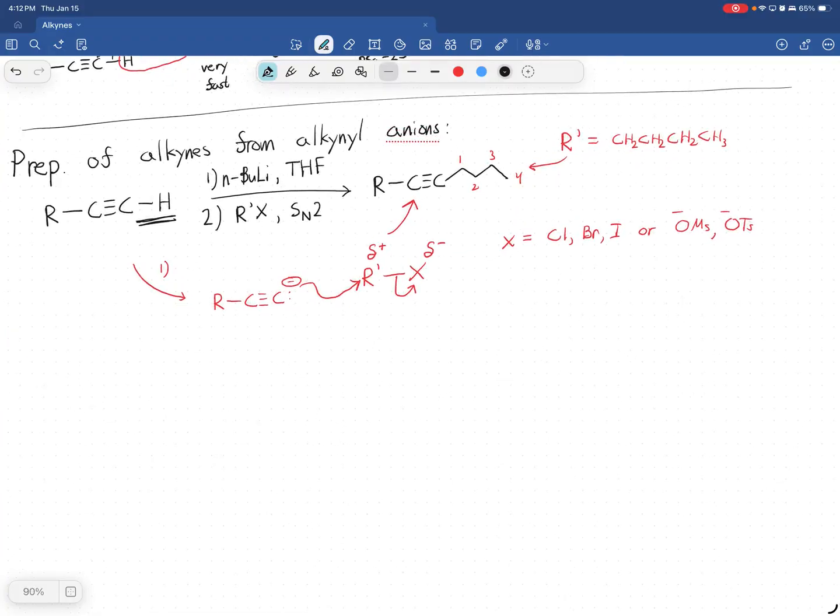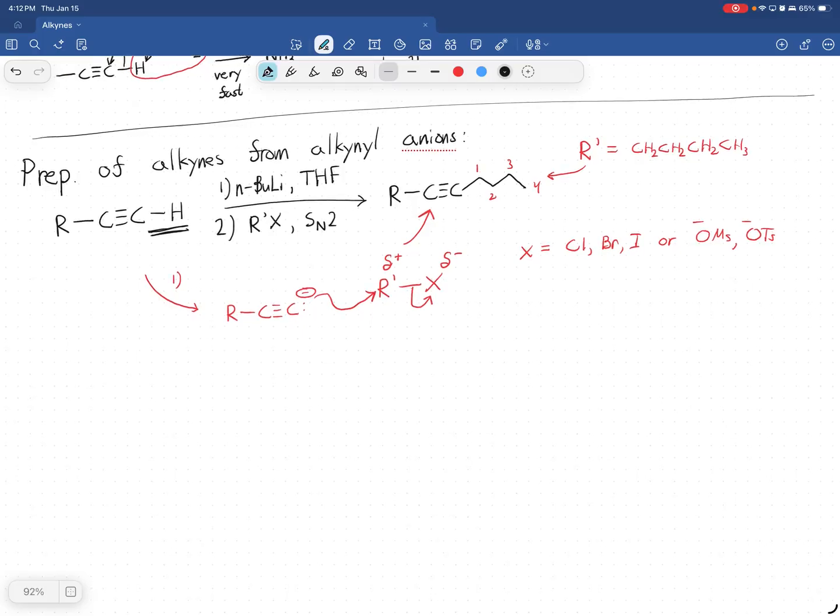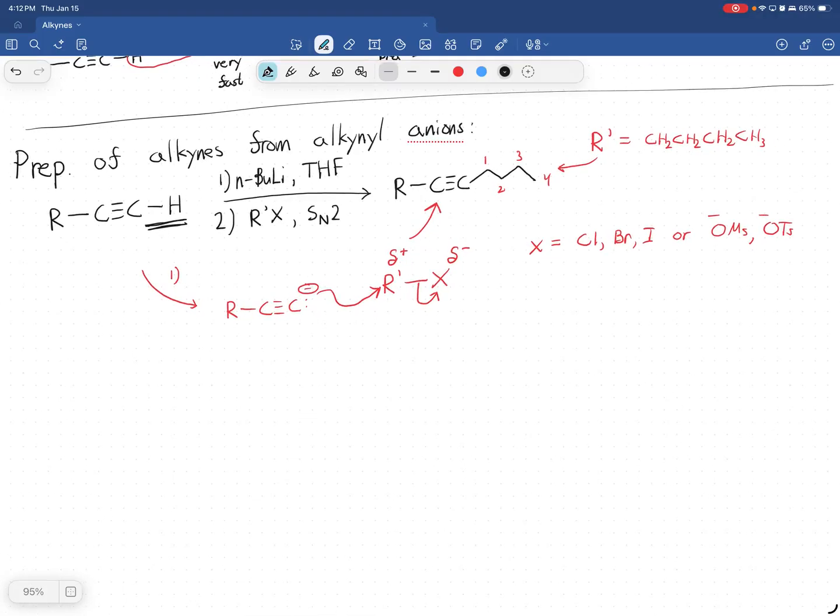So let's try another one. This time we're going to use the same alkyne. So notice here, you can only do this with a terminal alkyne because you can't form an anion like this if there's no hydrogen there first. Okay, so we're going to do the same treatment here, n-butyllithium. So that's our good base.